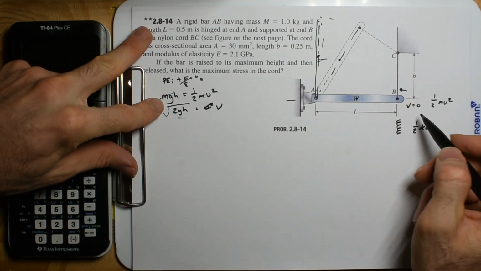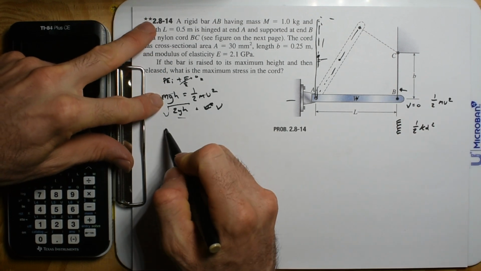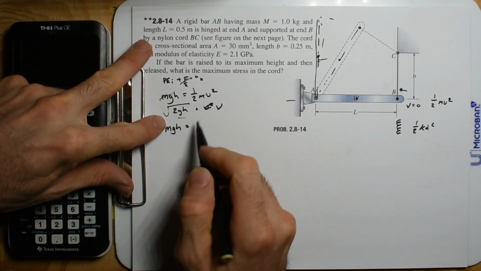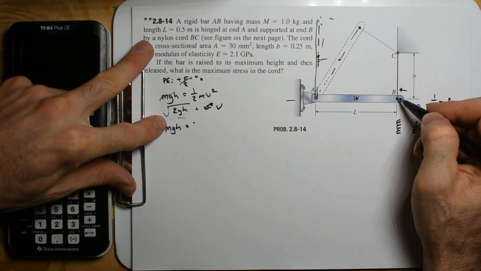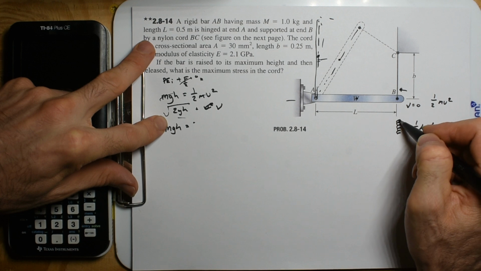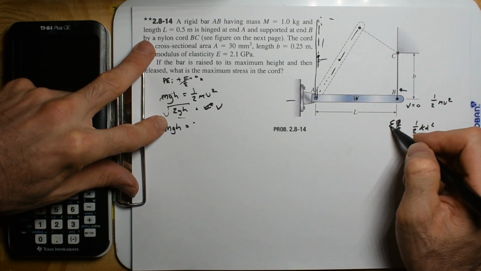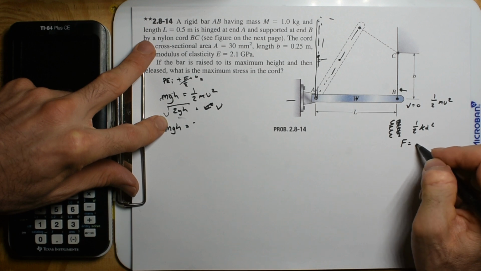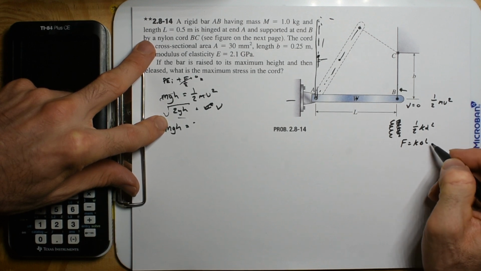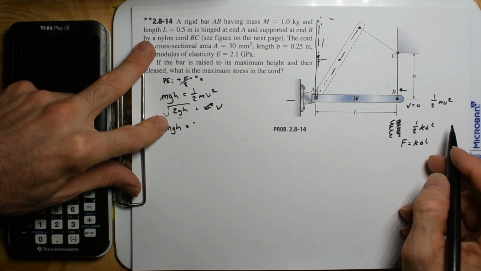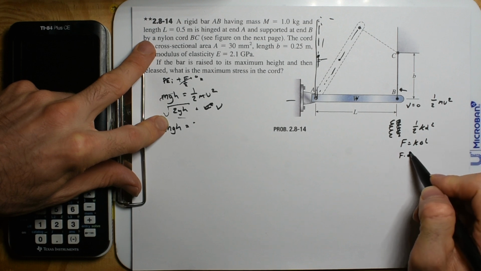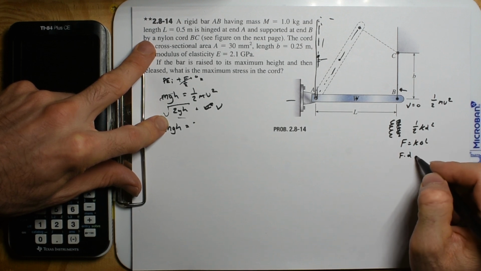That's why energy is so magical, because we take that potential energy, mgh, and set it equal to all the energy getting stored into a material. Any material is just a spring, so the force of a spring is k times change in length. The energy of that is force times distance, and the distance is change in length.